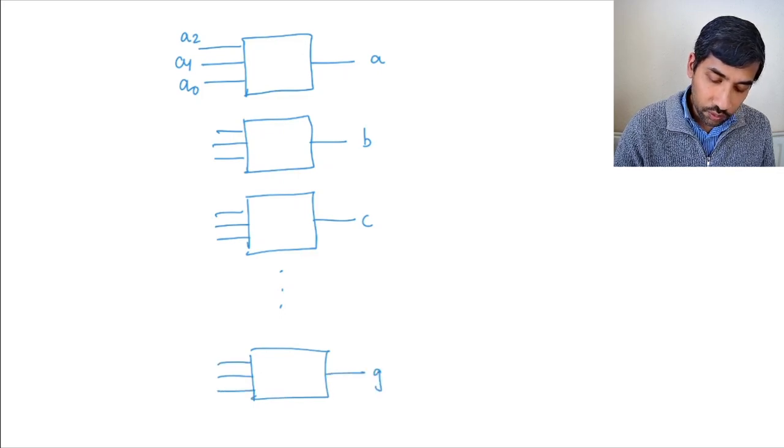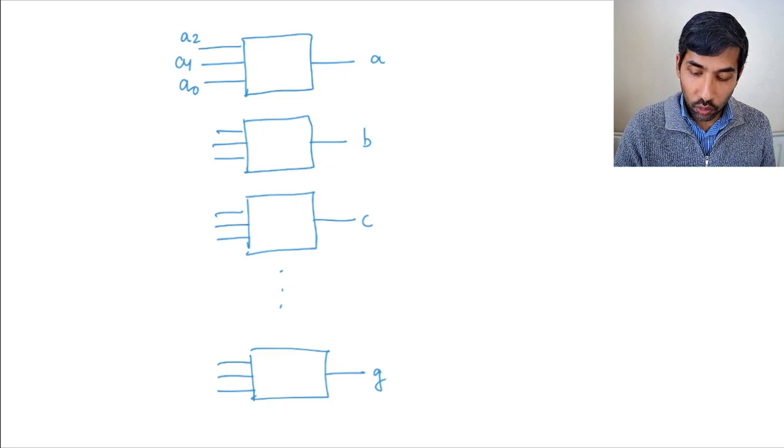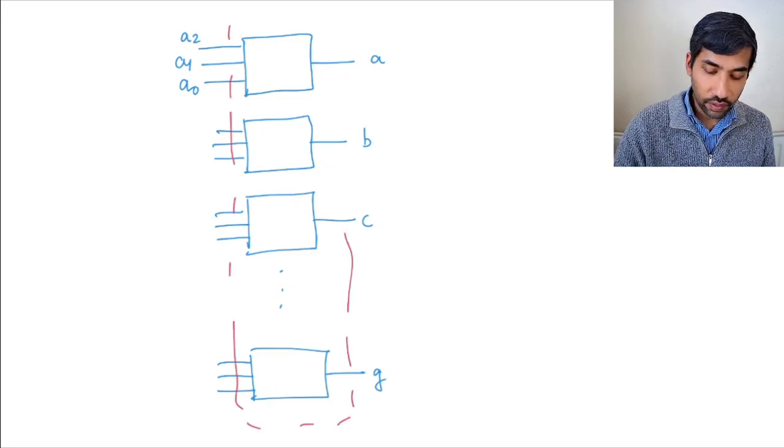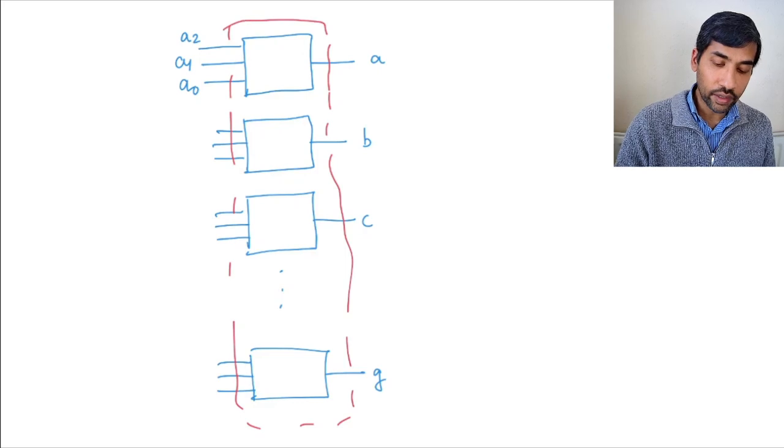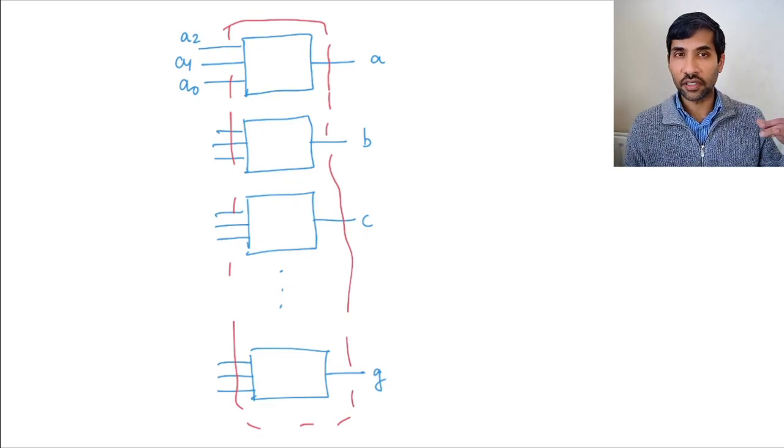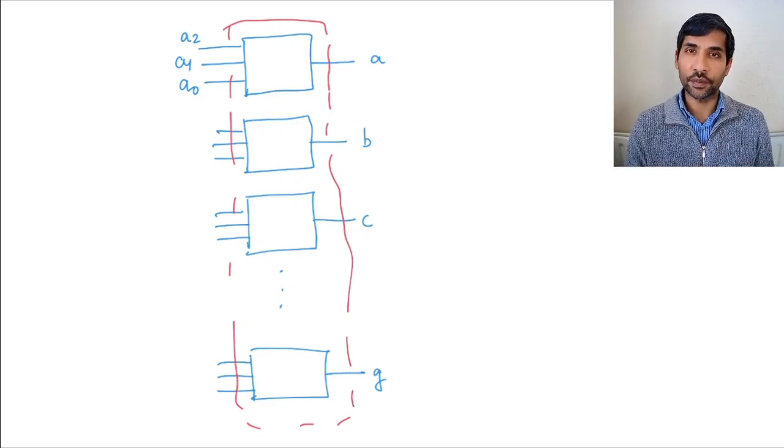Now, if you put all these circuits together, what you're getting is the circuit that you're looking for, which takes three inputs, A2, A1, A0, and gives you A, B, C, D, E, F, and G as the output, which can drive the 7-segment display.